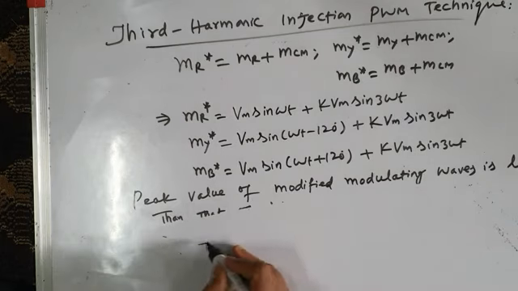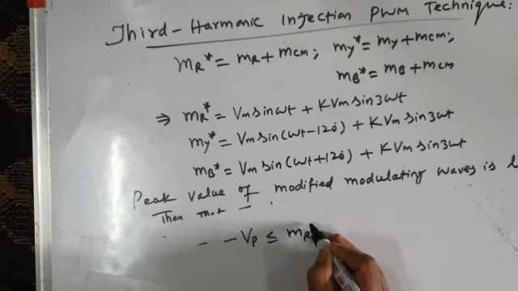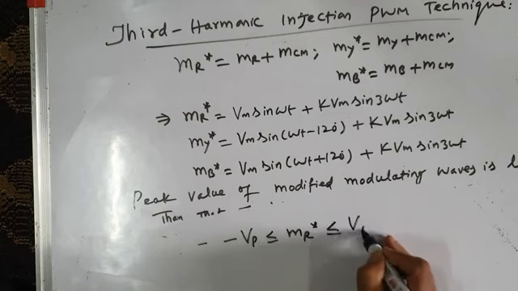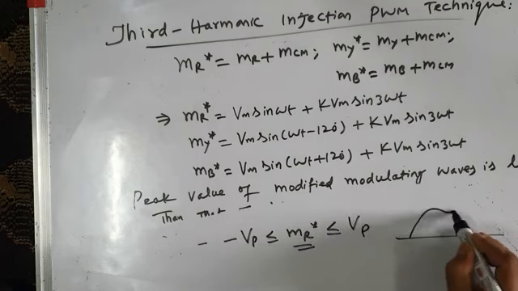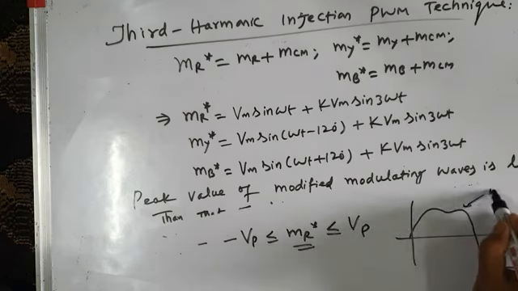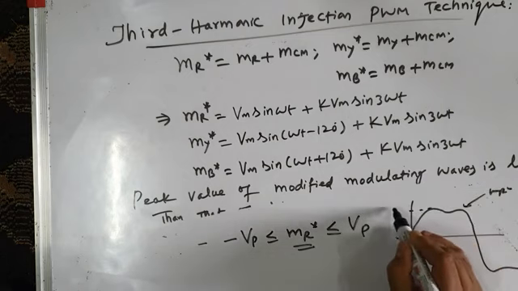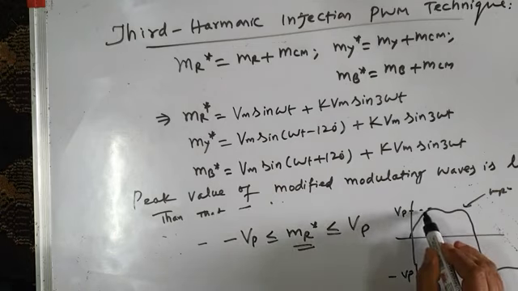And finally, the last point is that minus Vp is less than or equal to Mr star, which is less than or equal to Vp. I have already told you, this is your Mr star. For example, its positive peak value is either Vp or less, and the negative peak is minus Vp, but it is never greater than Vp.